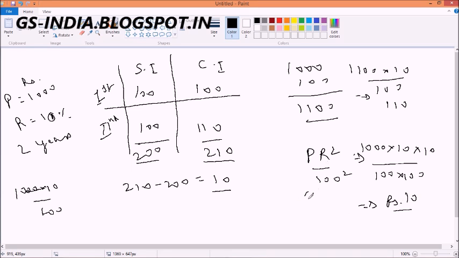Now this PR square by 100 you have to understand like this. This is P into R by 100 into R by 100. This is R percent of P, and this quantity is the interest.